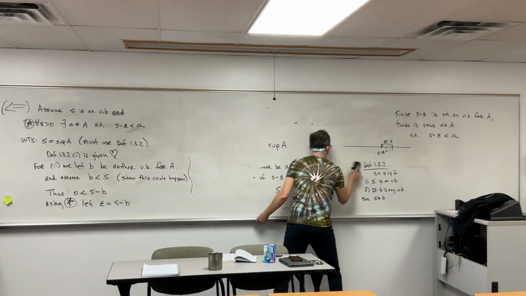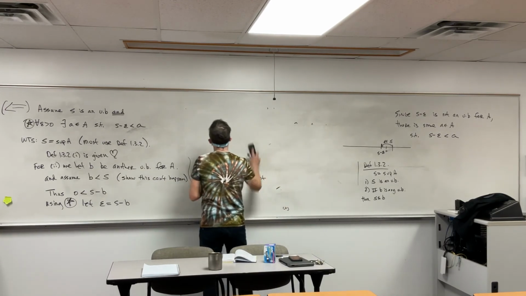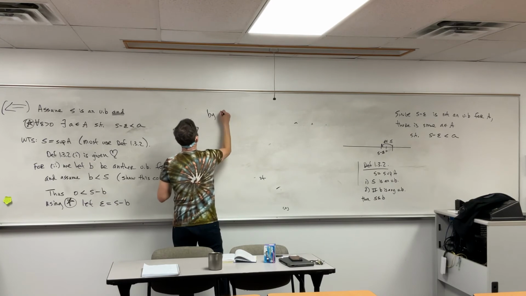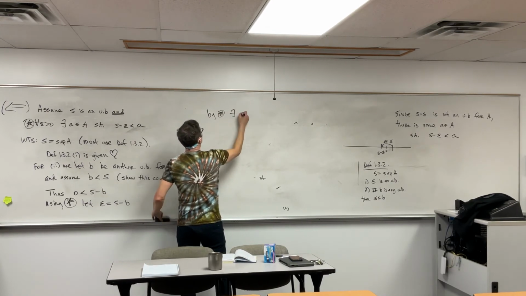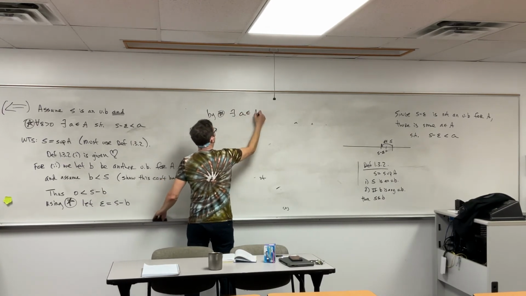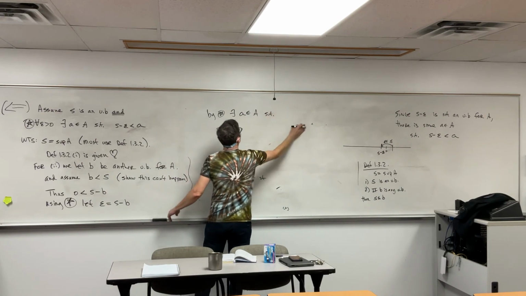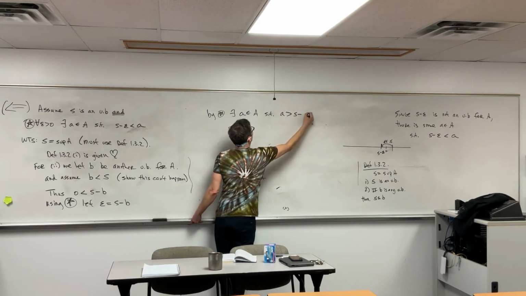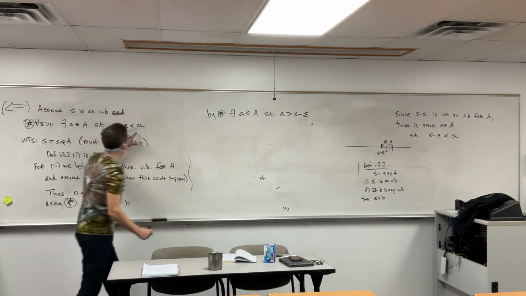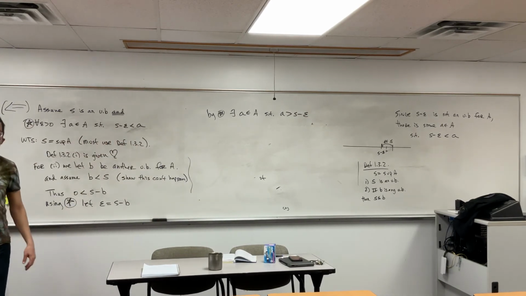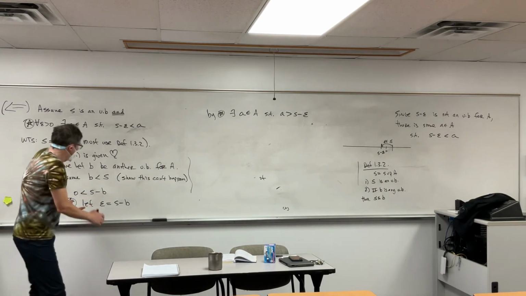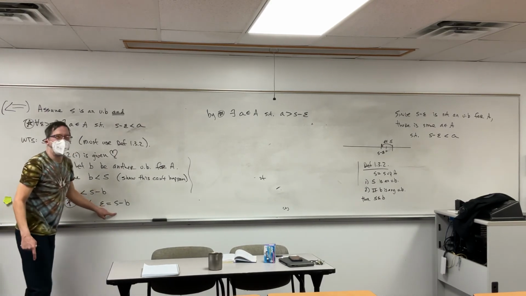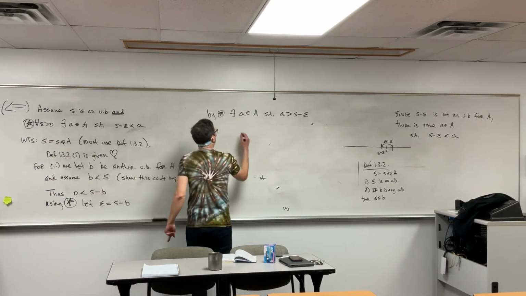So by star, there exists some element A in A that lives to the right of S minus epsilon. Now I'm writing it backwards, just like I said I would. So sorry. But what is epsilon? Let's plug and chug here.